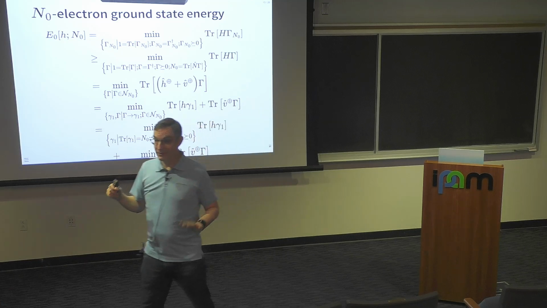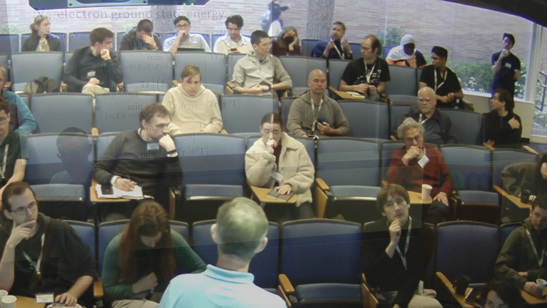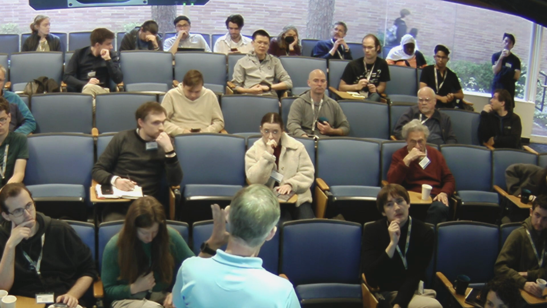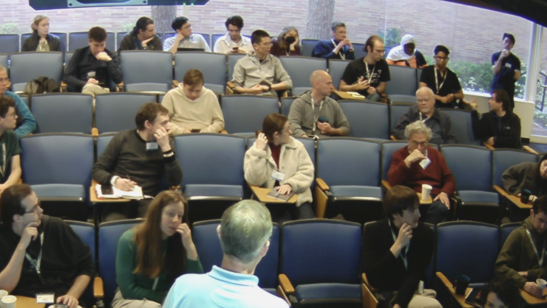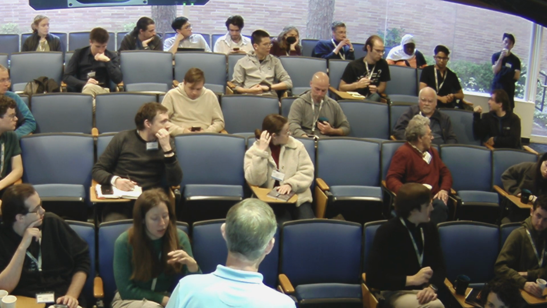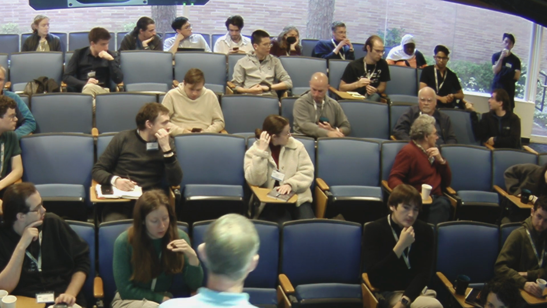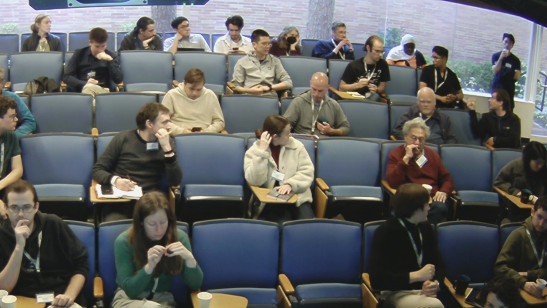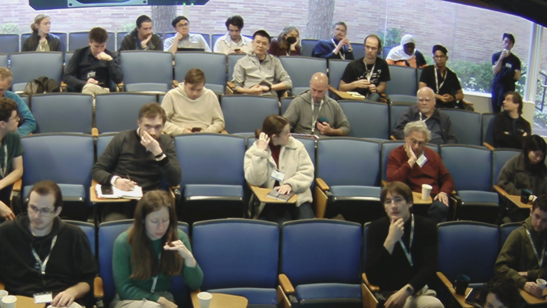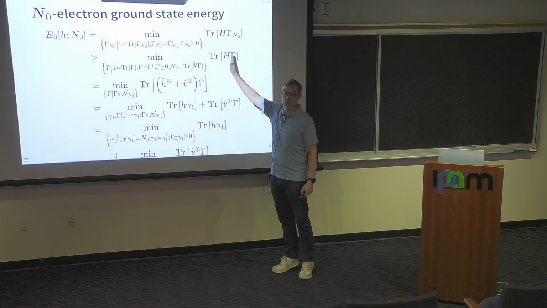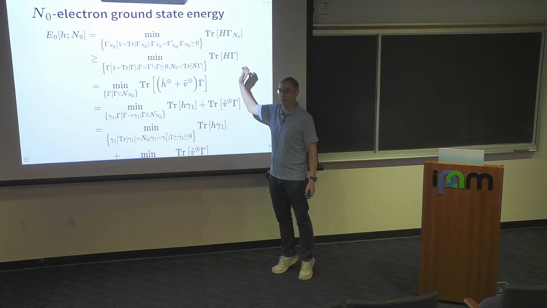Yeah, I agree. Because of that, it has eigenfunctions of the number operator, yes. But you could have two eigenvectors with different eigenvalues of the number operator and the same eigenvalue for the Hamiltonian. And the mixture of them would still be a ground state. But the main thing is, there's no eigenproblem here.